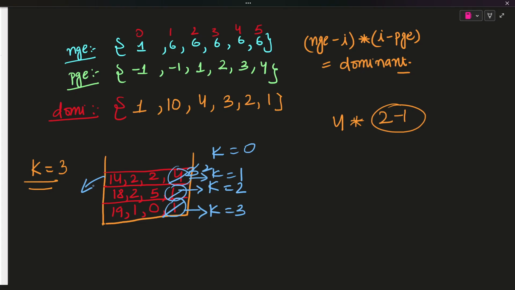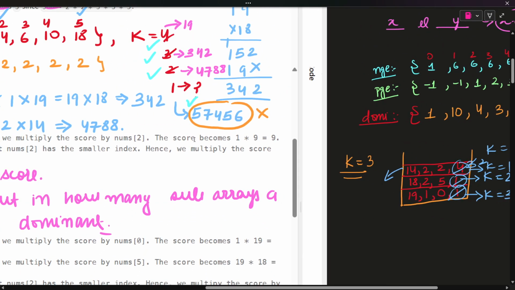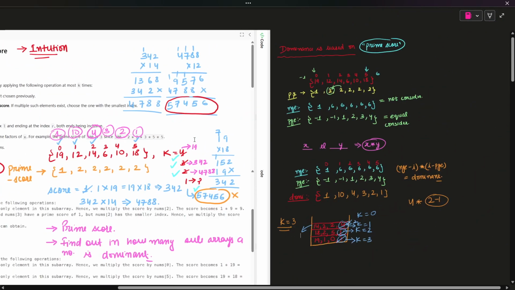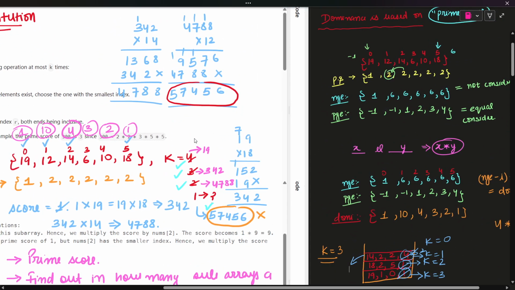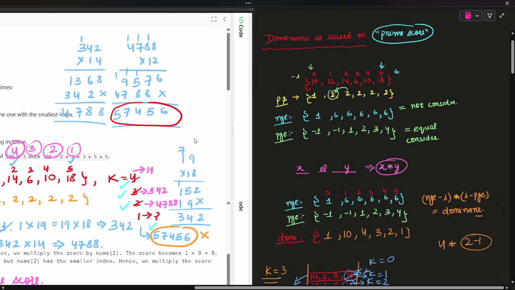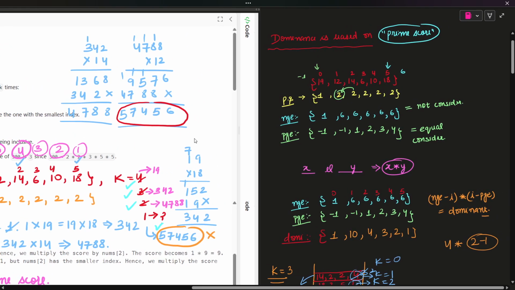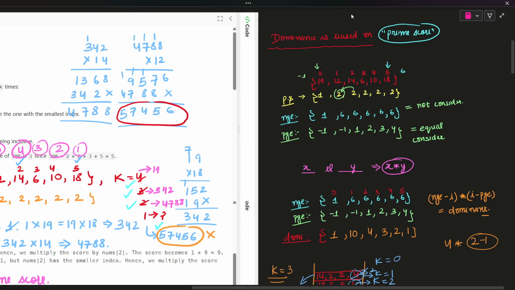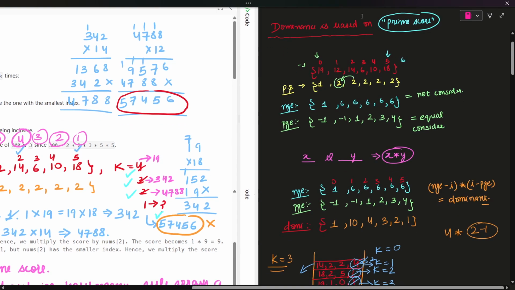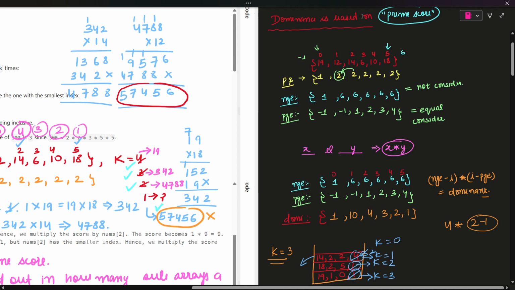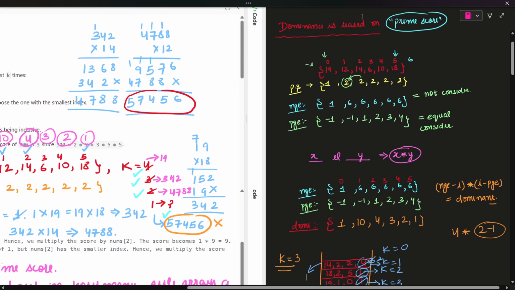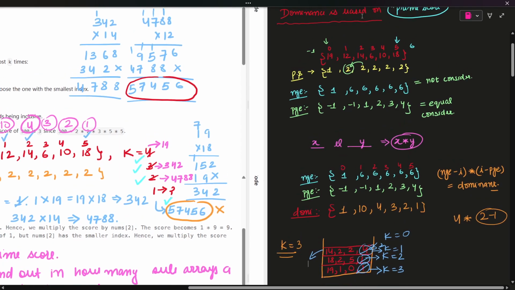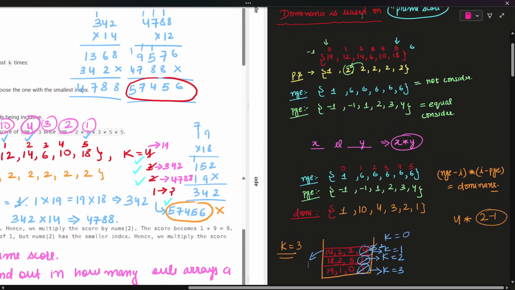Okay, so I think the video is quite long. So this is how we are going to do it. Let me just show you the code. The code link will be in the description, but I think that you should be doing it, okay? Because the code is quite long.